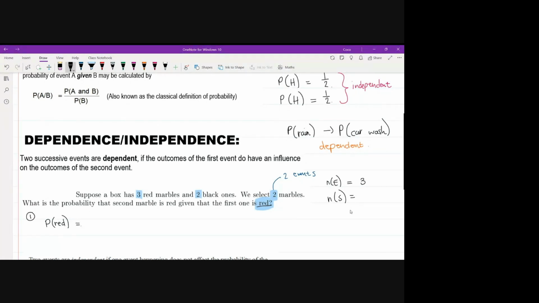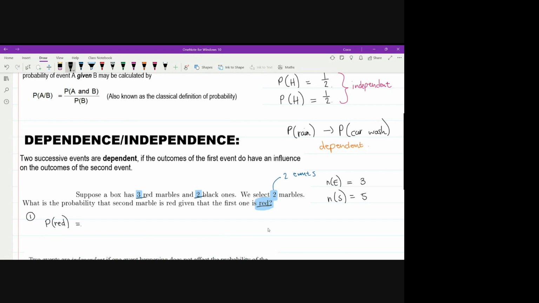How many marbles do I have altogether? Let's count them. It says here, I've got a box that has 3 red marbles and 2 black marbles. How many marbles is that altogether? 5, good. So our sample size is 5, right?